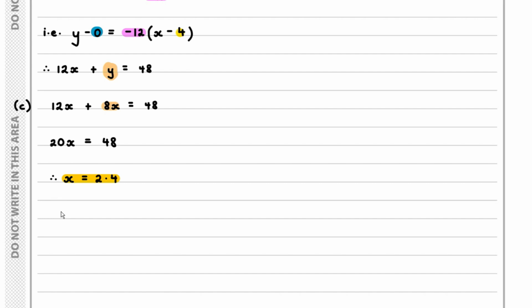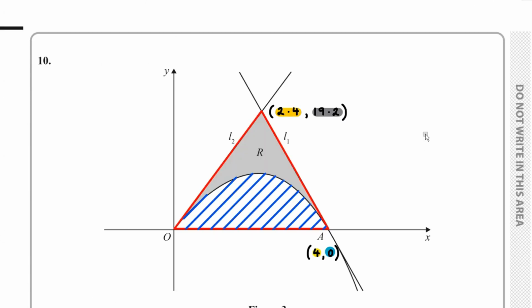And from this I can find the corresponding y coordinate. So I've got y equals 8 times 2.4, which is 19.2, meaning the point at which L1 and L2 intersect is given by 2.4, 19.2. And that's shown here.